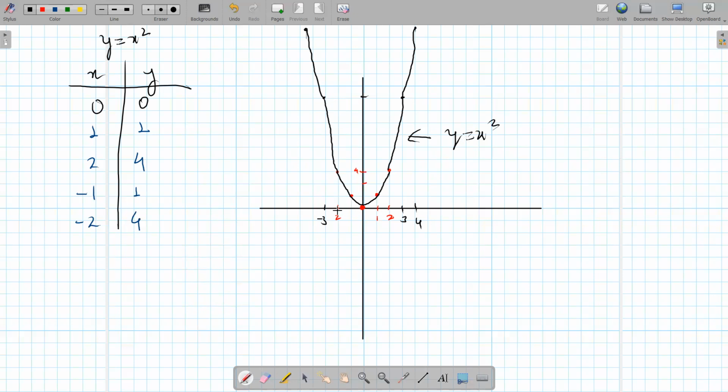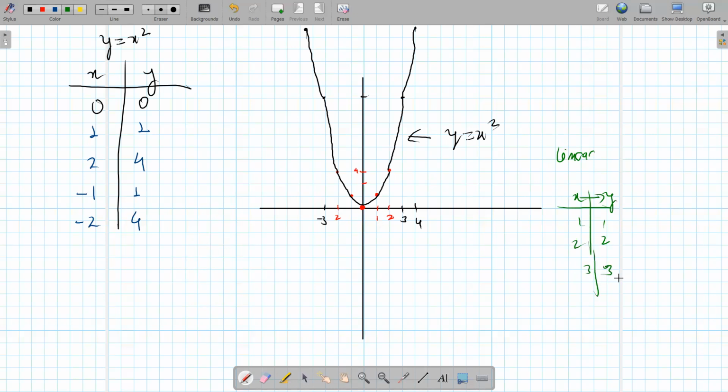Now you might wonder, why is this not linear? It's not linear because there's a power of 2, but theoretically, linear means for every x value, you have one y value. 1, 1, 2, 2, 3, 3, whatever.